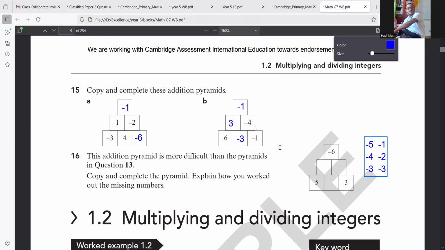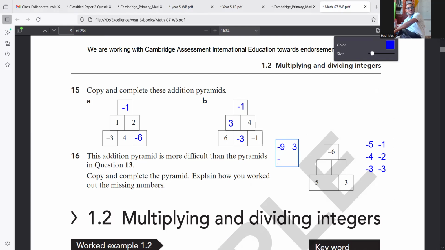The other way is to choose one to be negative. Let's choose only one digit for each one of them. We could say -9 and 3, because -9 and 3 give us -6.